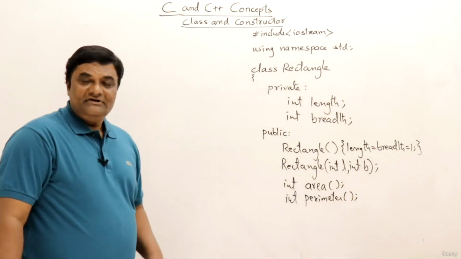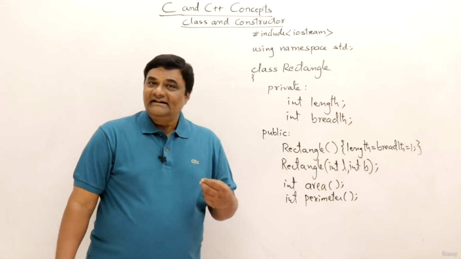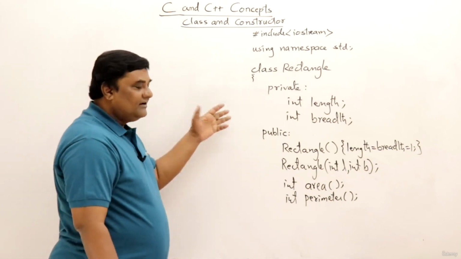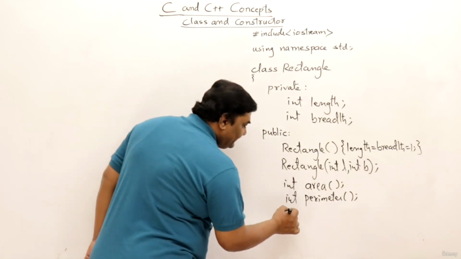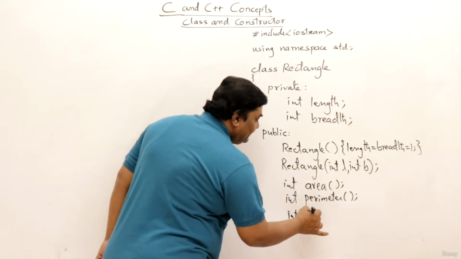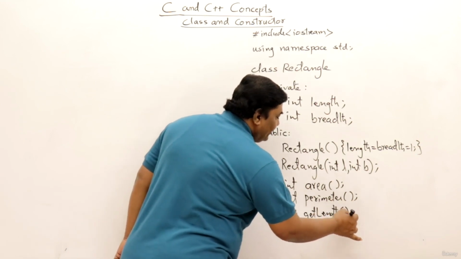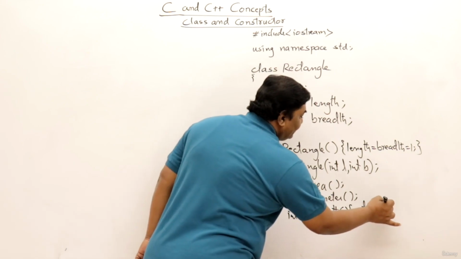Now these two types of functions are there. If you want to have other functions like get and set functions, you can write them. I will show only for length and breadth, you can add them. Only for length I will have one function, that is getLength, which will return length. Here itself I will expand it and say return length.